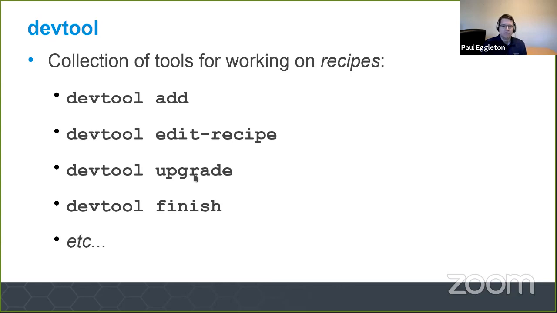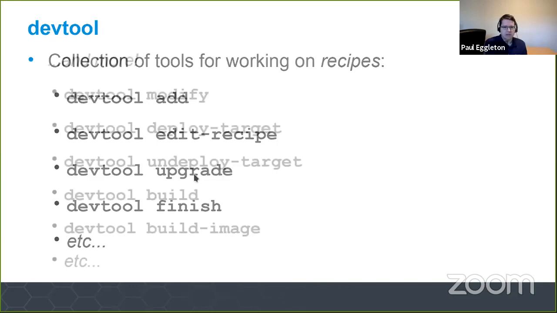We also have devtool upgrade that's capable of automatically upgrading a recipe to a new upstream version as best as possible. And devtool finish is part of the workflow to put your changes back into the recipe, and I'll talk a little bit about that later, and many more.